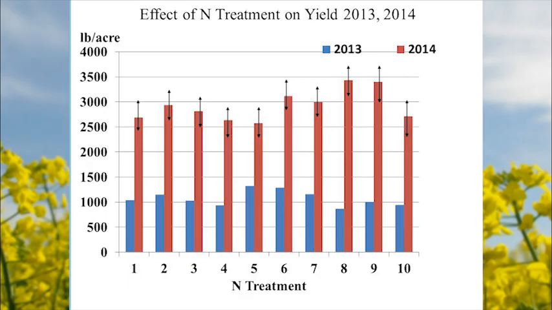I just want to show you that we're doing this work and we're thinking about what's going on because of early planting. But what we saw this year is these splits, some at planting, some in the fall, some in the spring. What you don't want to do is put it all on at planting. That's not good. You don't want to wait and put it all on in the fall or in the spring. So it looks like from 1 year's data, what we would recommend is some kind of split.